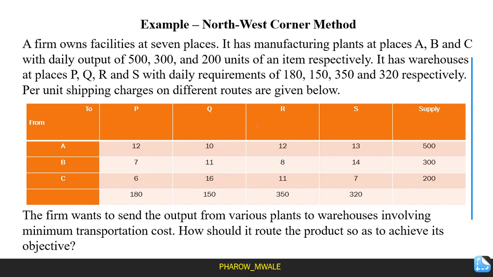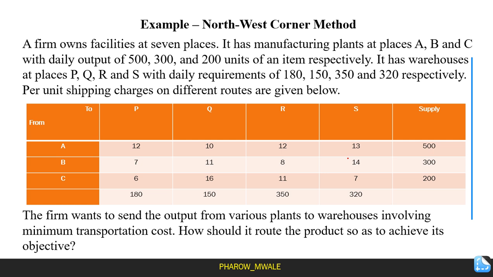These values mean that to transport a product from plant A to warehouse P, the cost of shipping is 12 kwacha. To transport a product from, for example, plant C to warehouse S, the cost is 7 kwacha on that specific route.